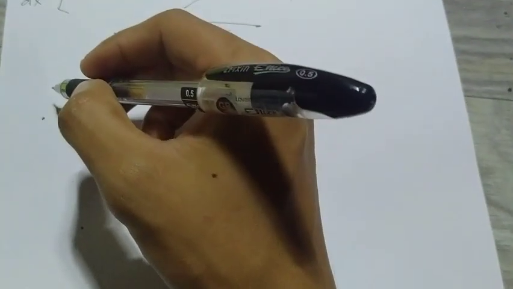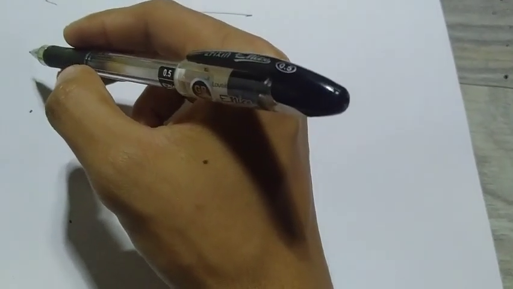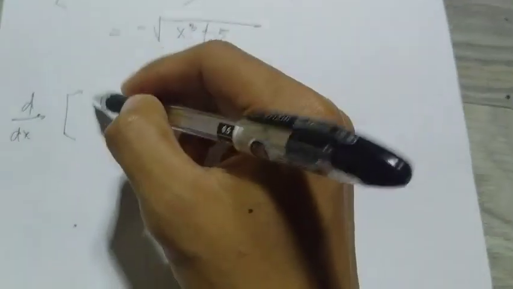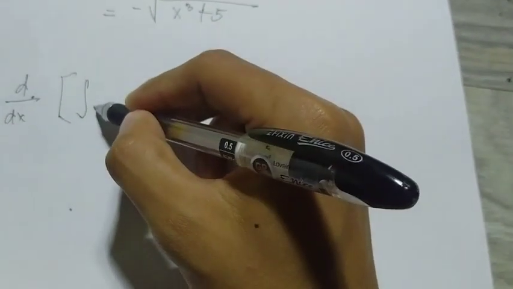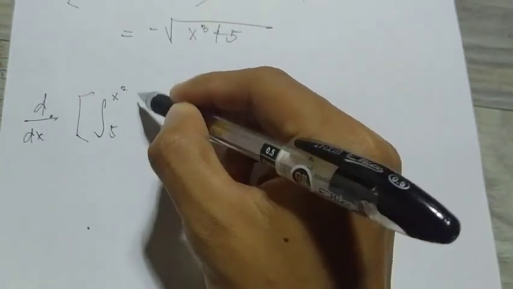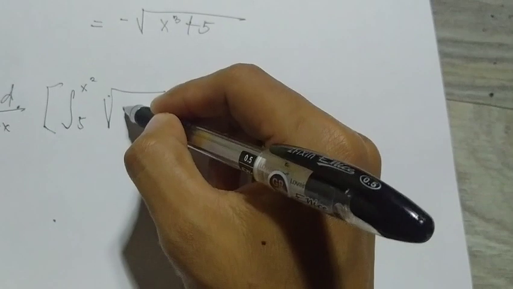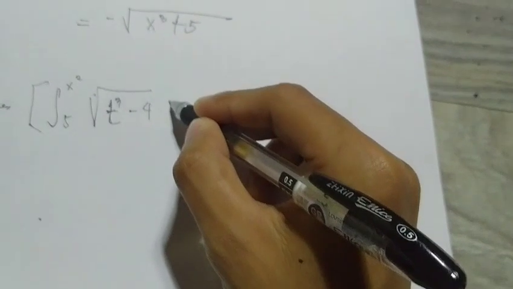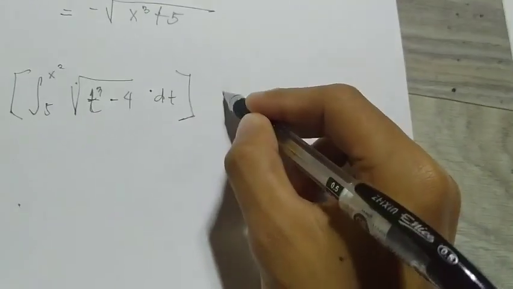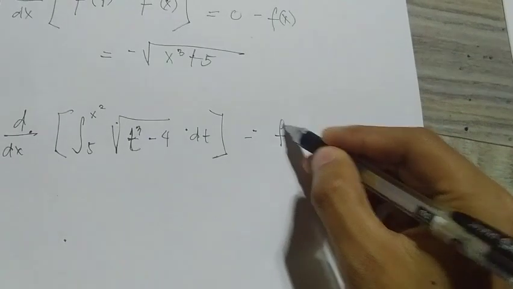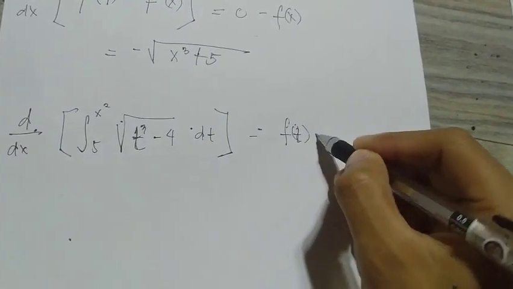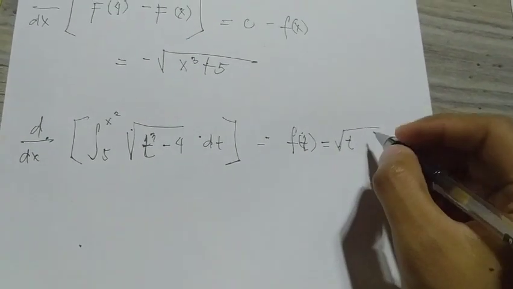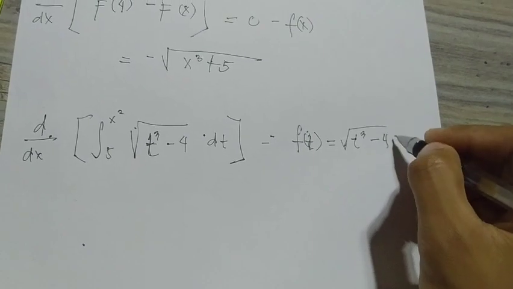Another example of the fundamental theorem of calculus is d over dx of the definite integral from 5 to x squared of the square root of t raised to the power of 3 minus 4 dt. So our f(t) is equal to the square root of t raised to the power of 3 minus 4.